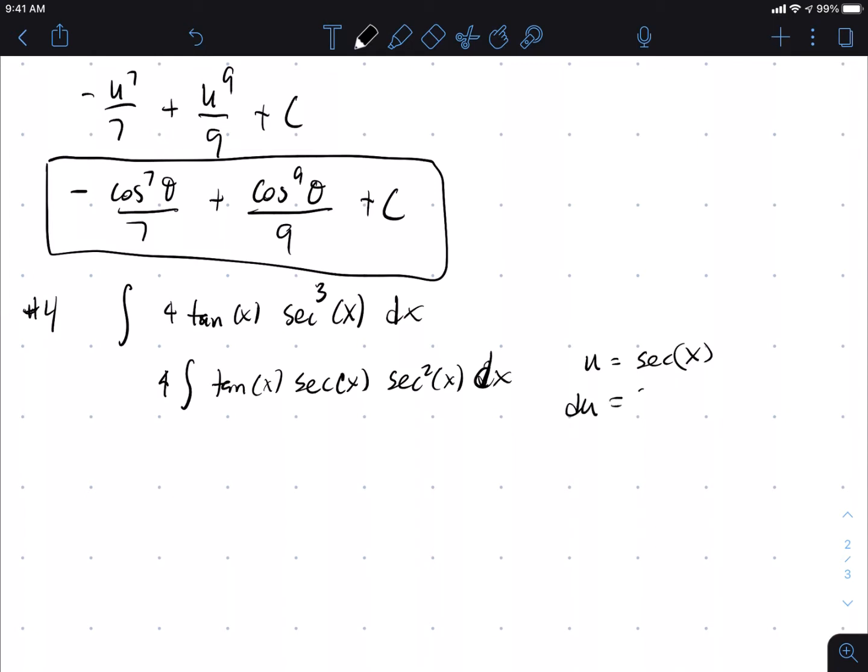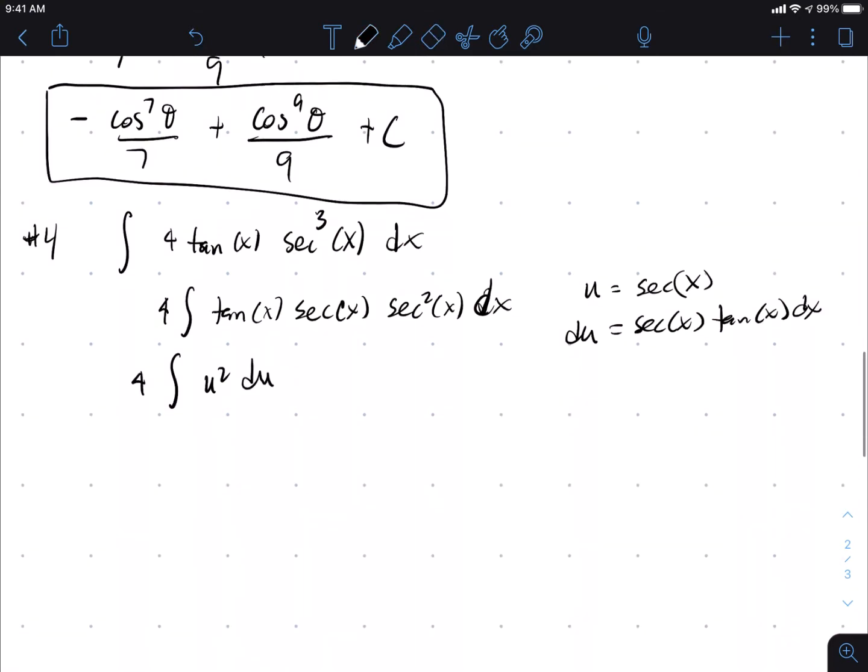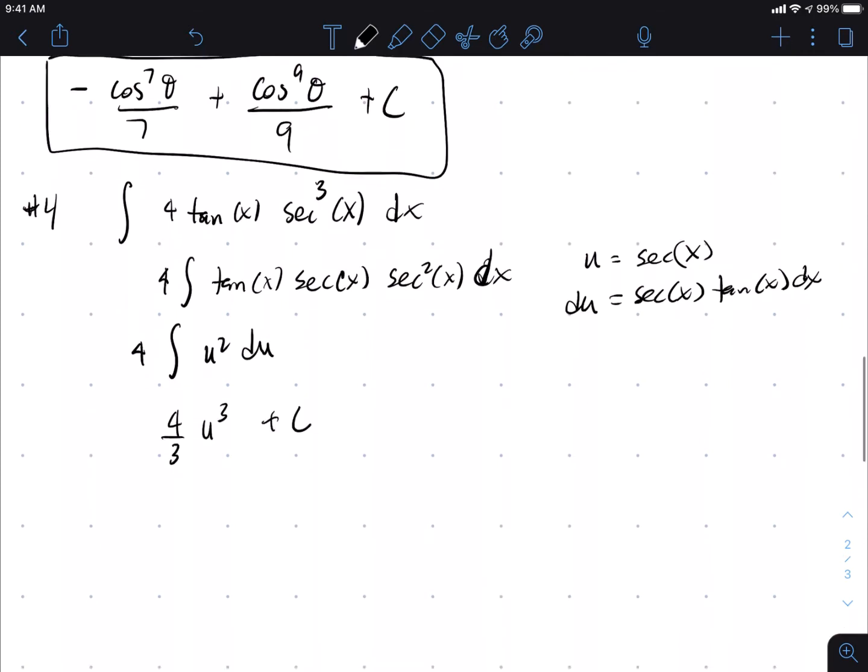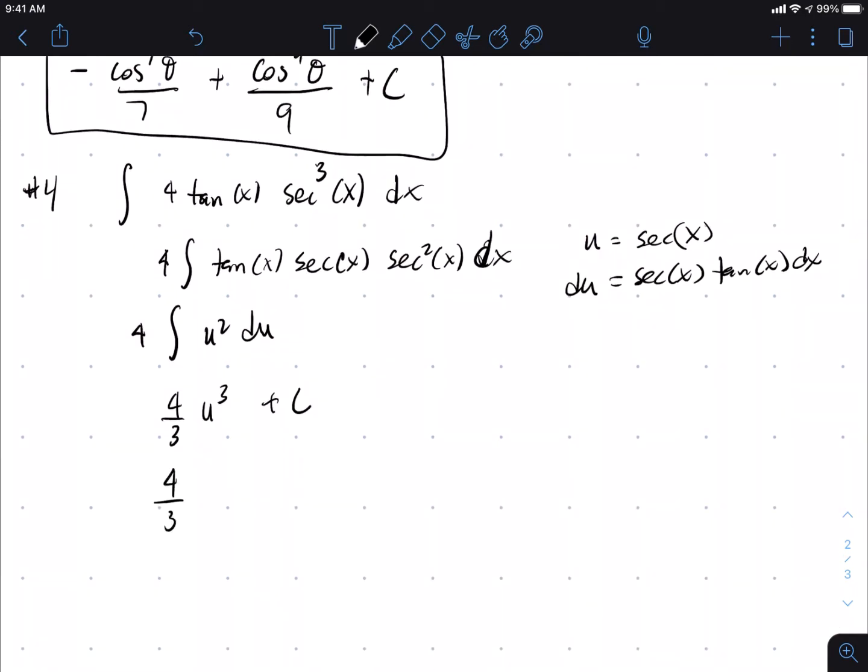So that's going to be du is secant of x, tangent of x dx. That takes care of what's in front of the secant squared. So I should get u squared du. Easy money. That's right. So I'll get 4/3 u to the 3rd plus some constant c. So it should be 4/3 secant cubed of x plus c.